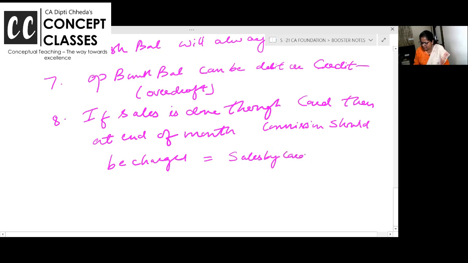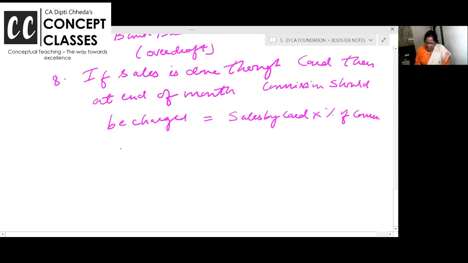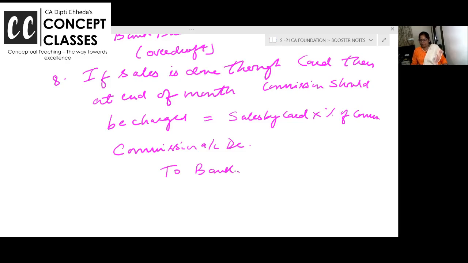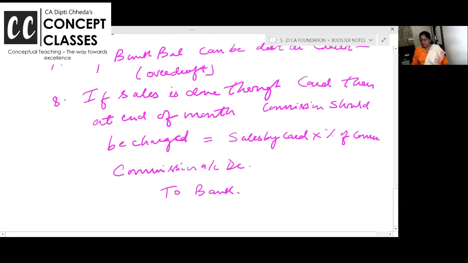Sales by card into percentage of commission. और जर्नल एंट्री क्या होगी? Commission account debit to bank. That will be the journal entry. And commission, whatever is the sales for this month. Because otherwise when you prepare the BRS, your entries will not tally. So to tally that, you have to do this.